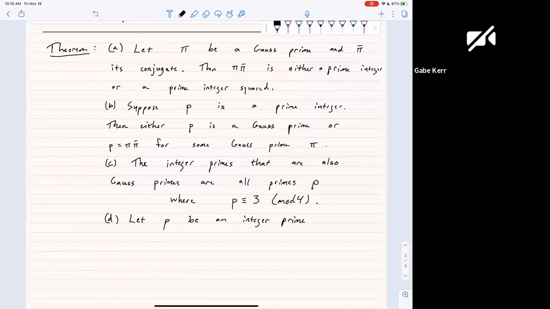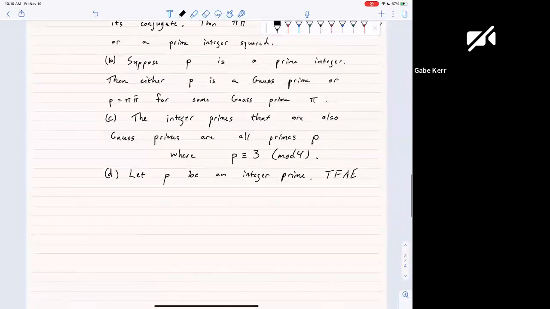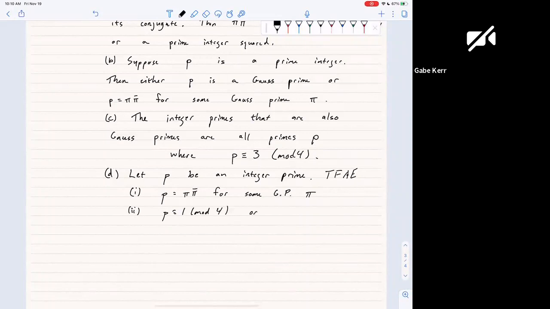The following are equivalent. p equals pi times pi bar for some Gauss prime pi, let's call it GP. Or p is congruent to 1 mod 4. Or p is 2. There's this possibility.